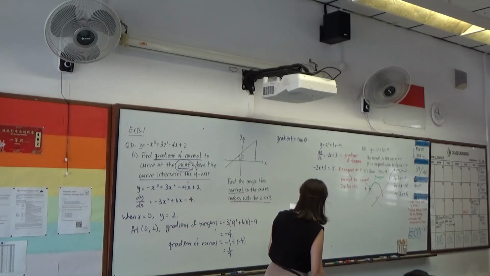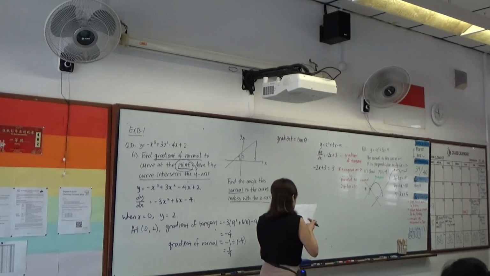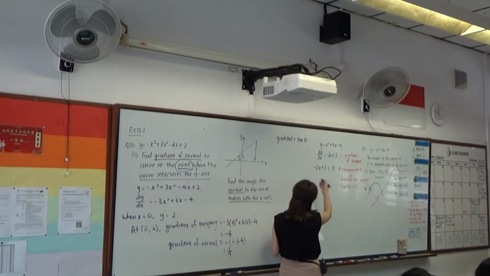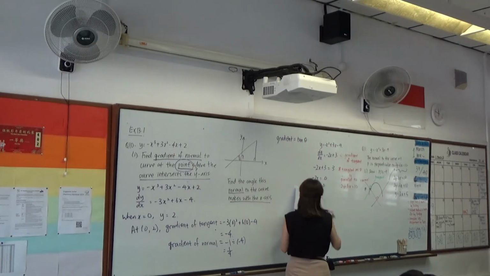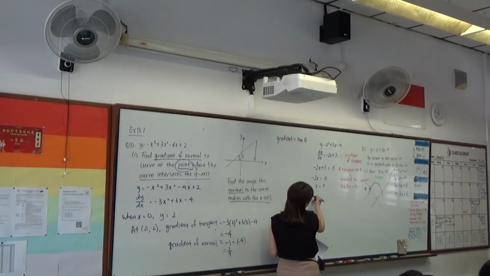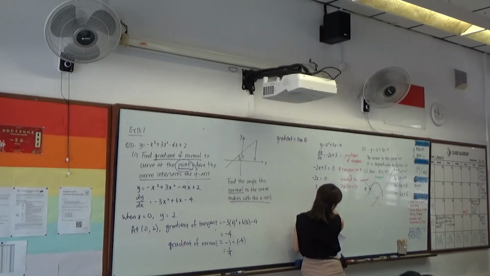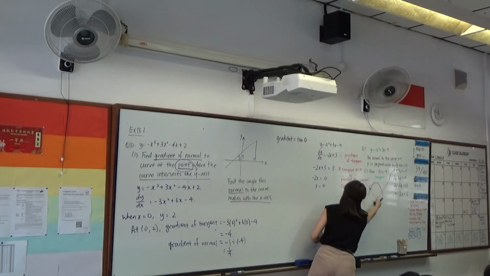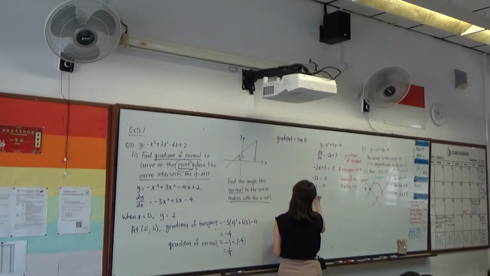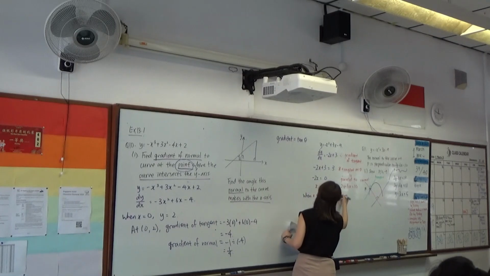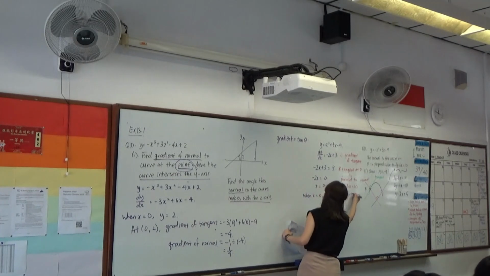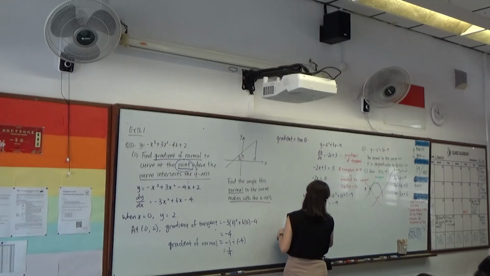Equals to, okay, yes, correct. Then we solve this equation. So we find x equals to 0. x equals to 0 is for the point that is found on the curve. So when x equals to 0, your y coordinate will have to be equal to -9.